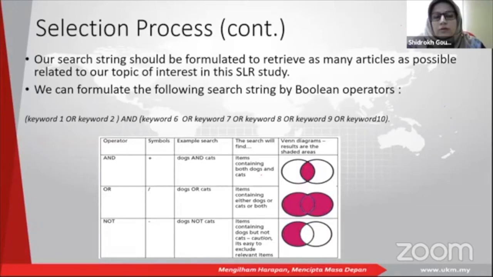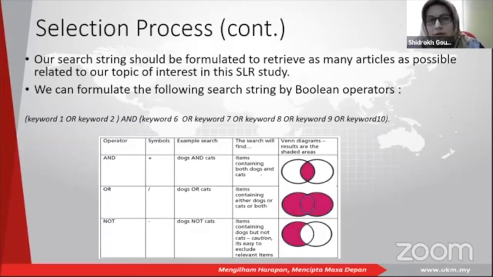Most of you are familiar with Boolean operators, but I want to show some examples. If you use the AND operator, your search will find items containing both item A and item B. If you use OR, the search will find items containing either item A or item B. Also, NOT can be used for exclusion after searching.